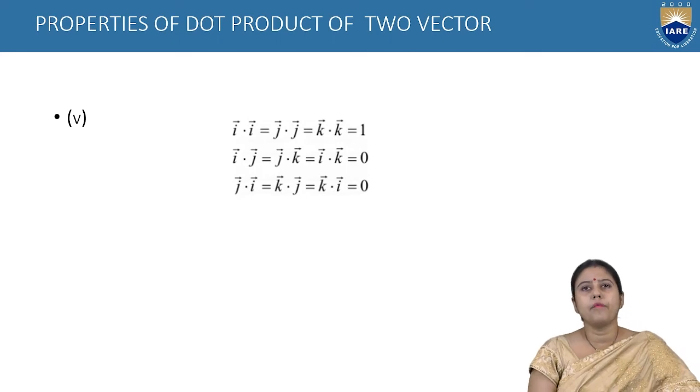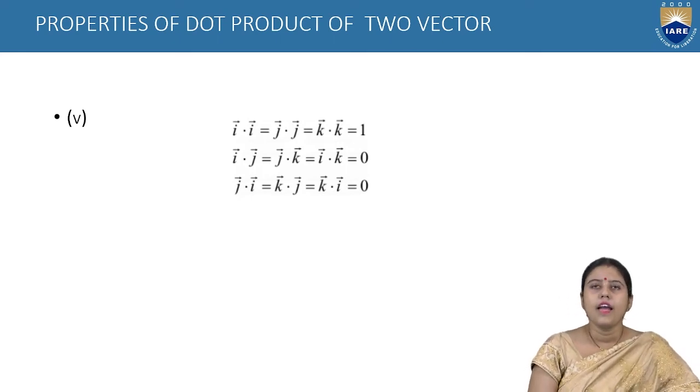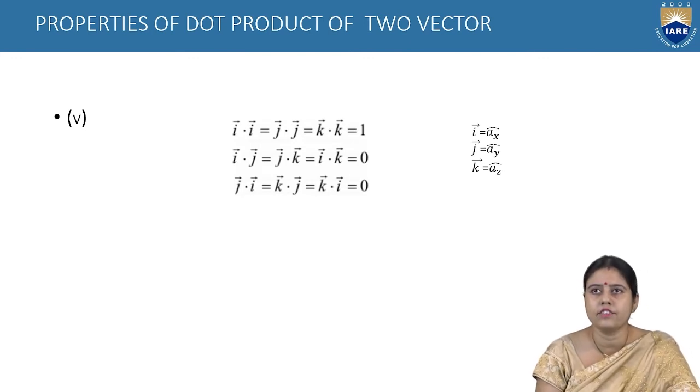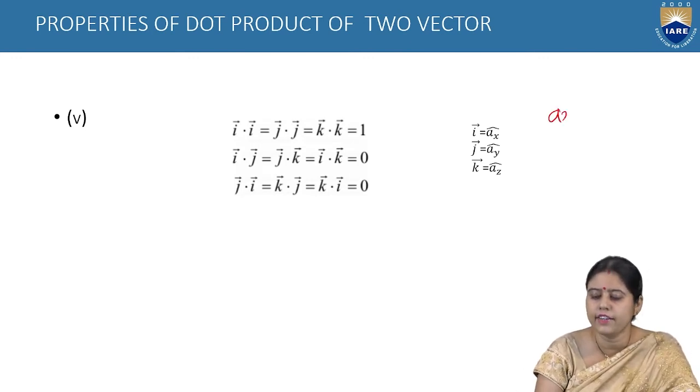And this is the very, very important one. I dot I. What is the meaning of I? We can also write it as AX dot AX.